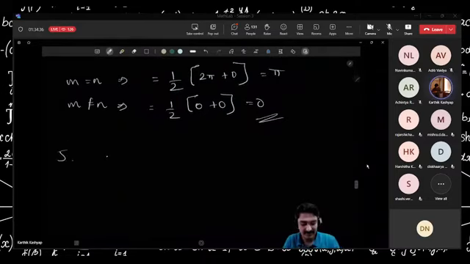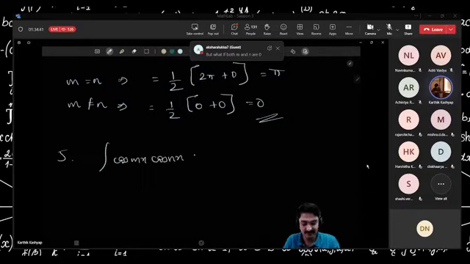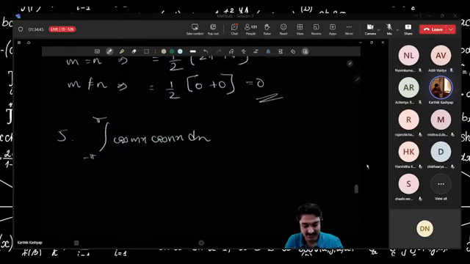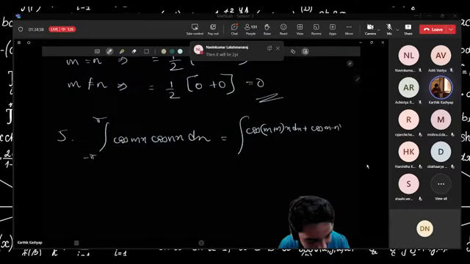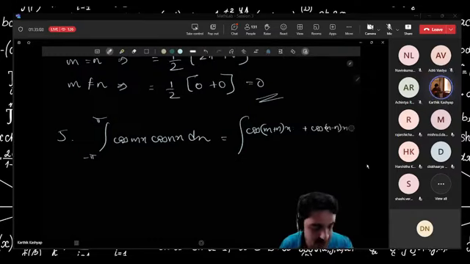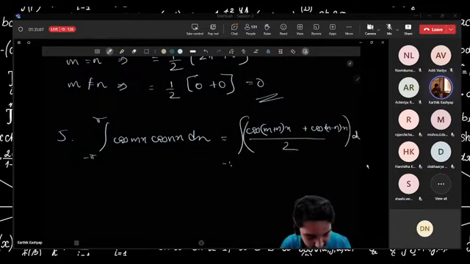So last, we'll take cos mx, cos nx dx from minus pi to pi. We have taken sin and sin, and sin and cos. Lastly, cos and cos. So again, this is the same transformation, cos c cos d. We can write this as integral cos (m plus n)x plus cos (m minus n)x, divided by 2, and then dx outside from minus pi to pi.